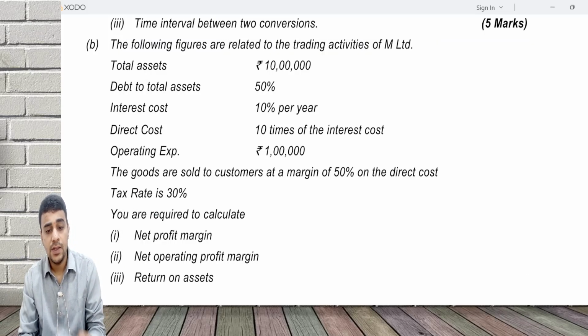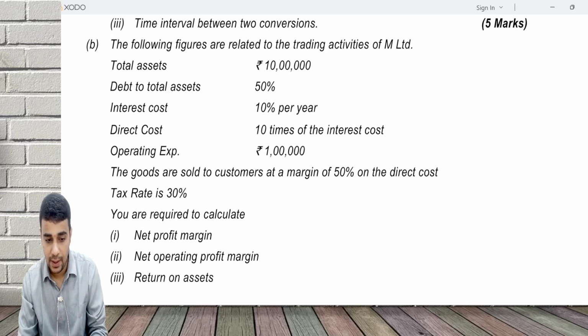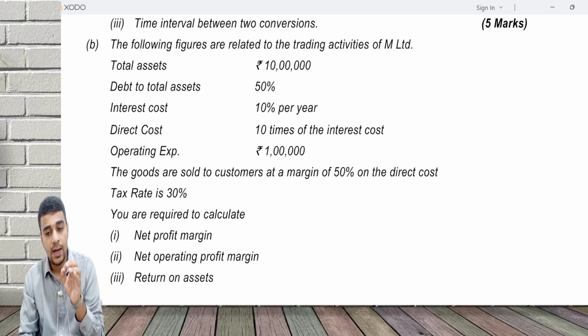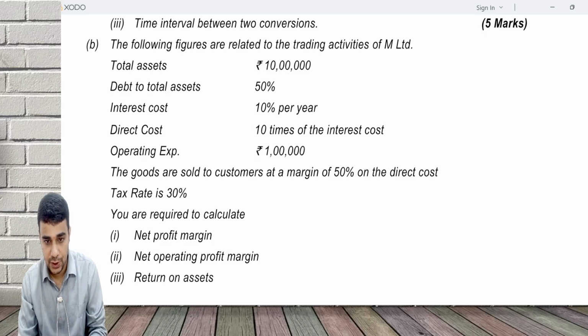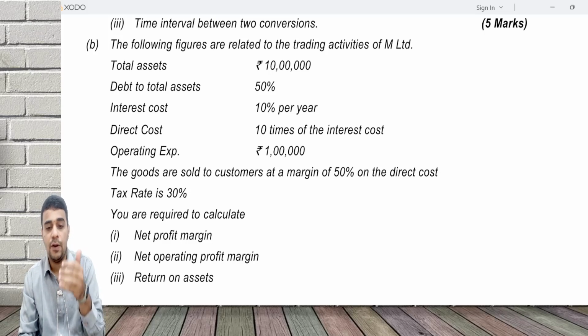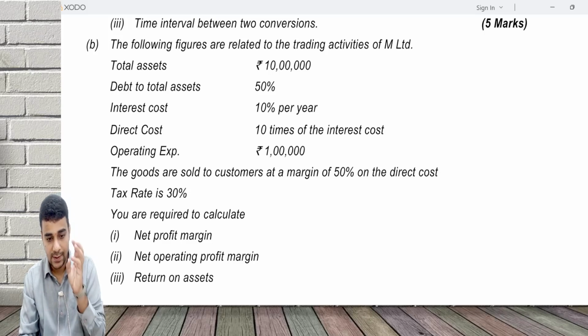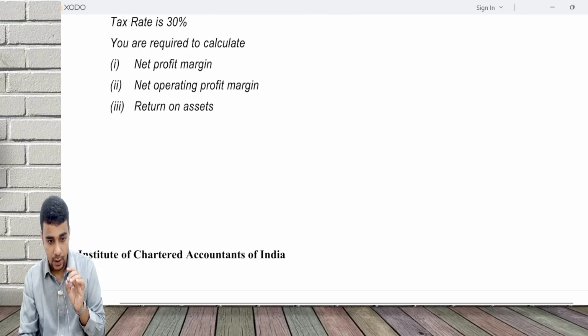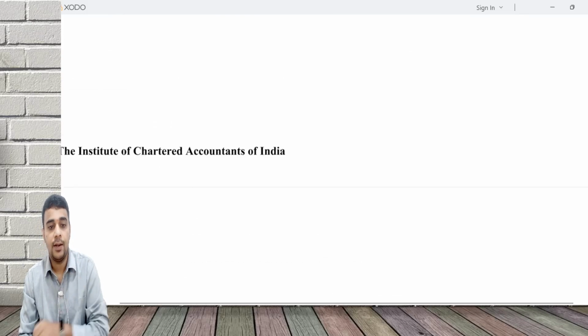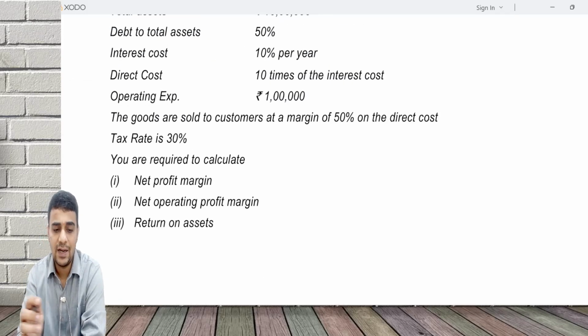Okay, so this problem is on ratio analysis where they have asked us to compute some specific ratios. Sometimes the question can even ask for a P&L and balance sheet, but this problem is slightly on the simpler side. Let's first write the formula for each.